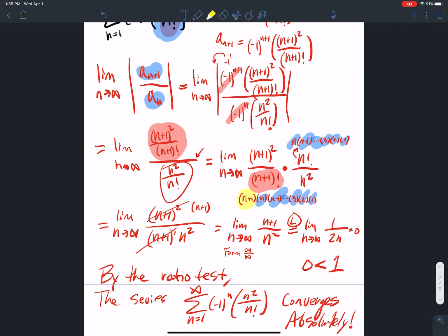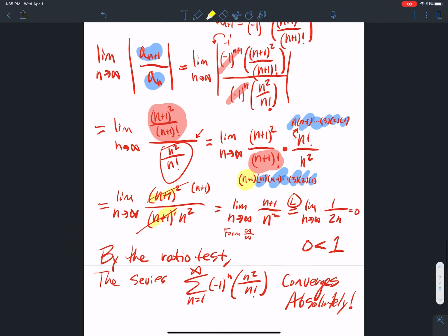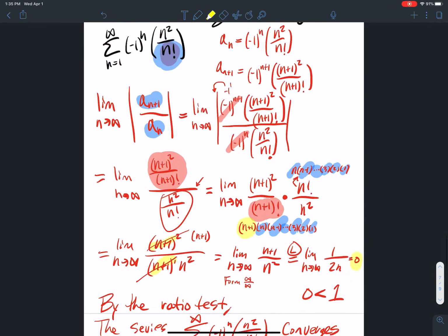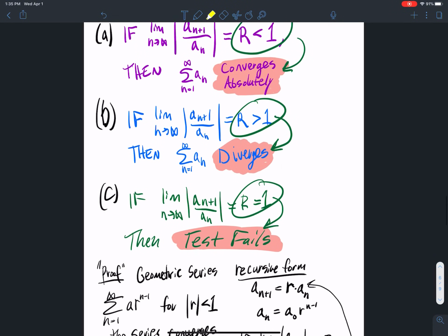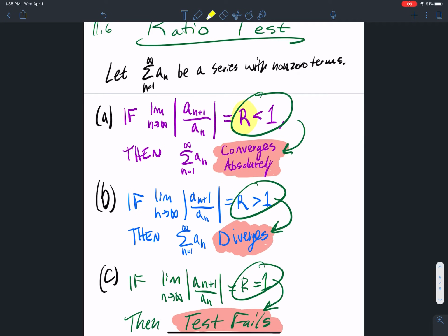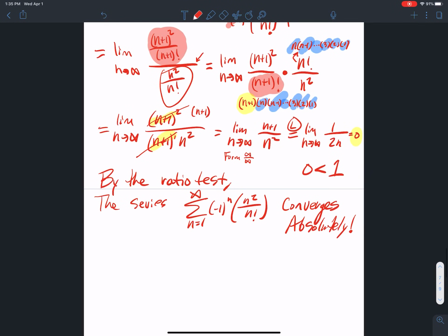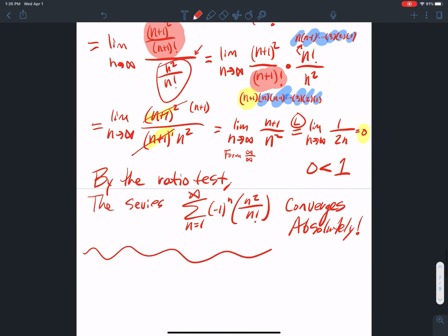And then we had some algebraic luck here with those simplifying, and our limit was not very hard to calculate at that point, and we got that it was less than 1, and so by our ratio test, since r was less than 1, actually equal to 0 for that one, then the series converges absolutely. So pretty cool.